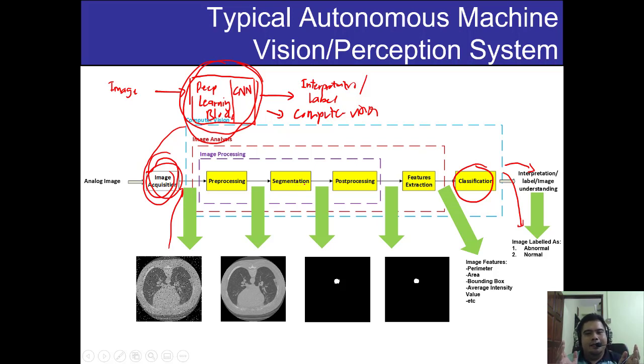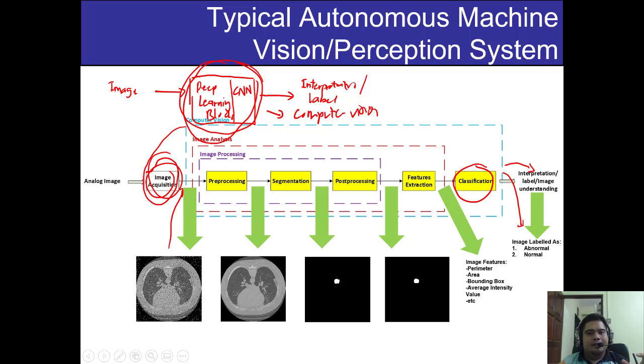We don't know which network layer does that part. Actually it is integrated together to recognize or label the image, or in other words, the input is image, the output is the label or the interpretation of the image.